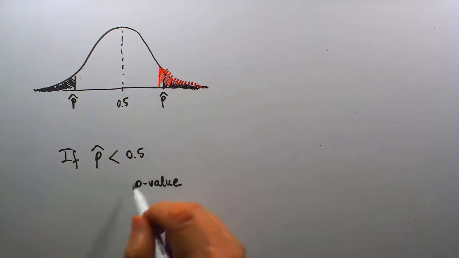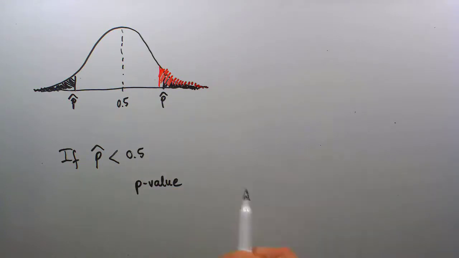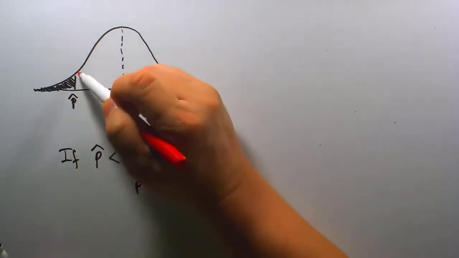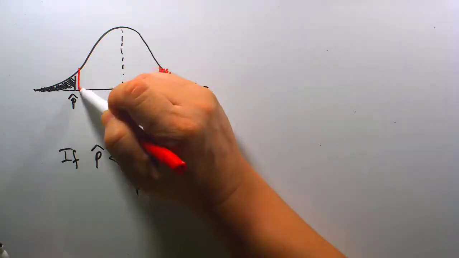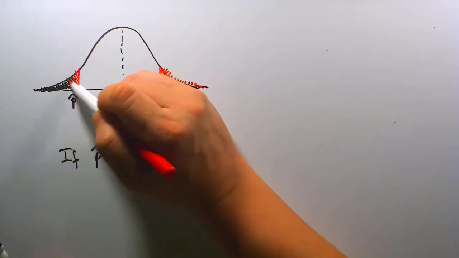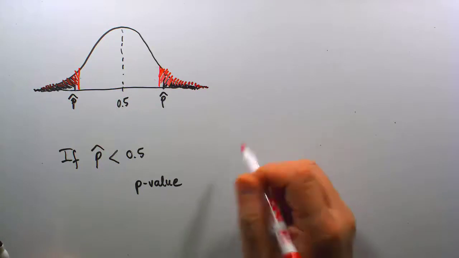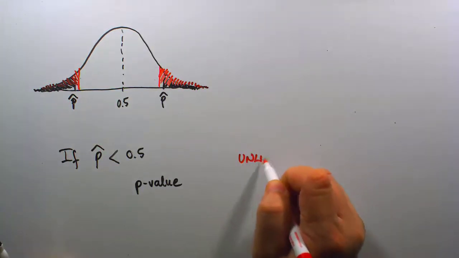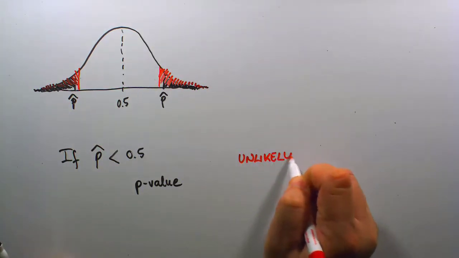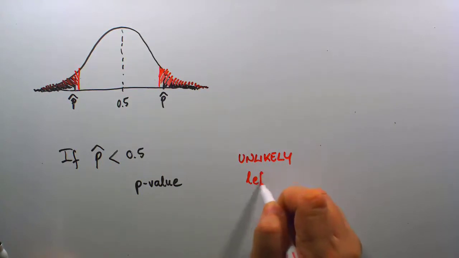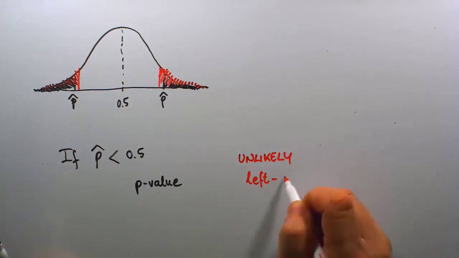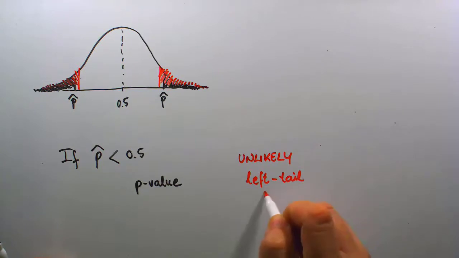Once we found the p-value, it is once again compared with the red area. Once we know that the black shaded area is smaller than the red area, and this red area is the unlikely, but now this time left tail area.